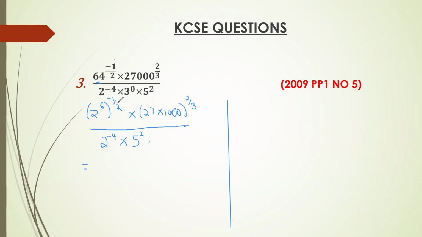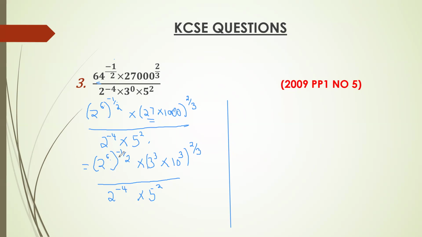So you take 6 times negative a half, but before we reach that, remember 27. So remember 2 power 6 power negative a half. Tufanye kila kitu pamoja. 27 ni 3 power 3 times 10 power 3. Remember kuna power ingine 2 power 3 all over 2 power negative 4 times 5 squared.